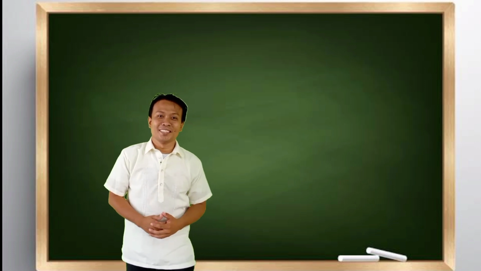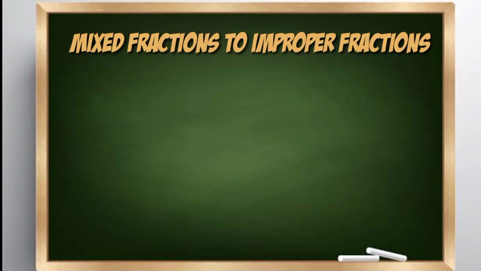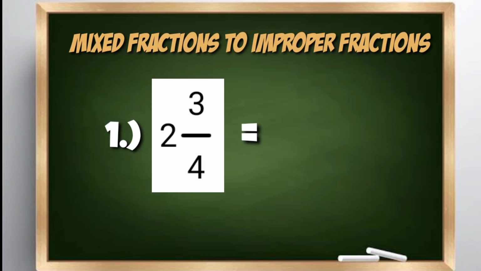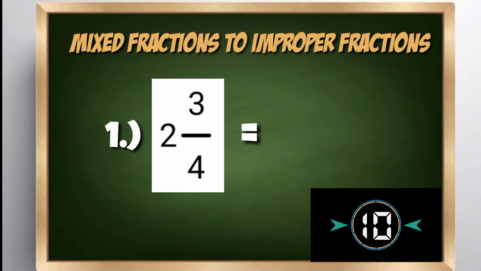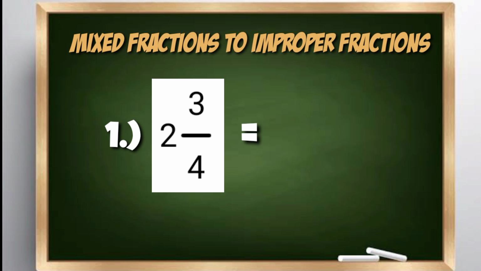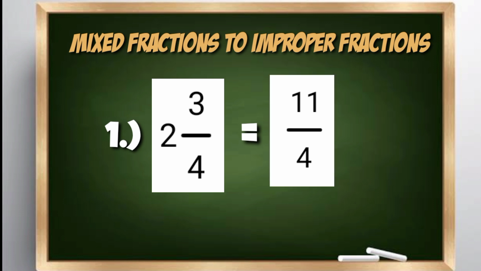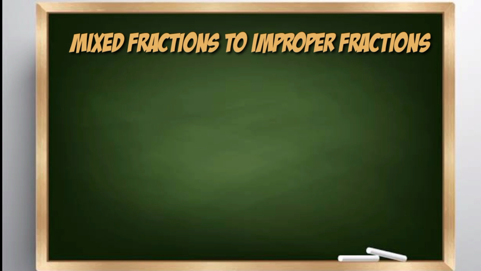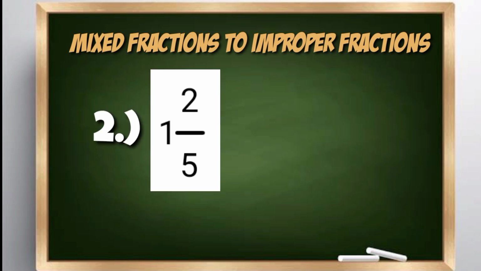Now it's your turn. Change the following mixed fractions to improper fractions. I will give you 10 seconds to do it. Number 1, 2 and 3/4. Very good. The answer is 11/4. Number 2, 1 and 2/5.